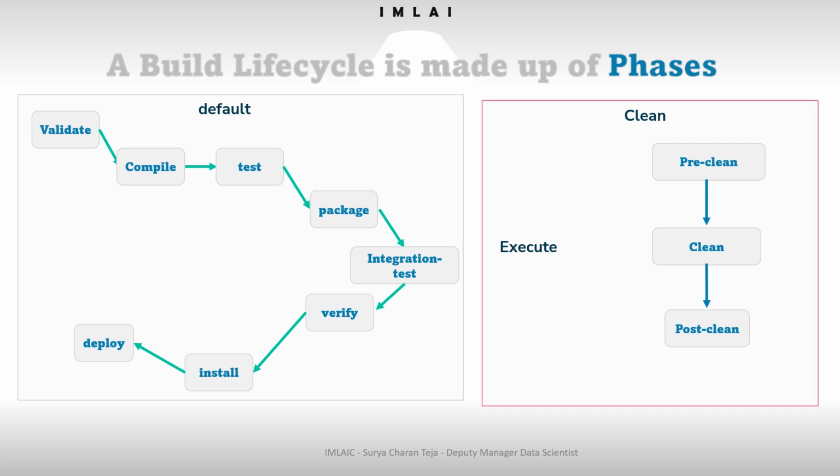When this command is invoked, Maven executes the tasks by executing the commands Maven pre-clean, Maven clean, and then Maven post-clean. So when you execute mvn clean, it first executes the pre-clean command, then the clean command, and finally the post-clean command.